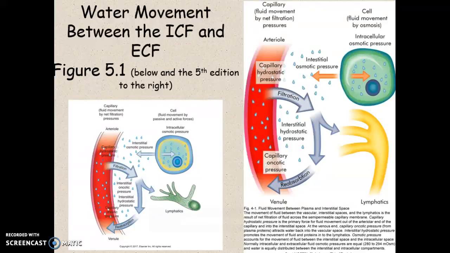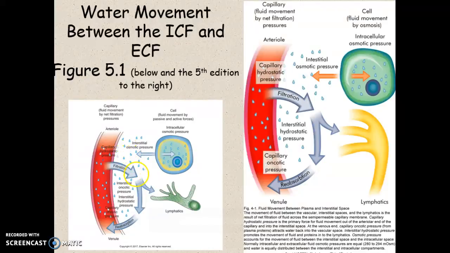You have a couple of different types of pressure to think about. You have osmotic pressure, which you see here as the interstitial osmotic pressure and intracellular osmotic pressure. That is going to have a pulling effect. Osmotic is pulling, hydrostatic is pushing.